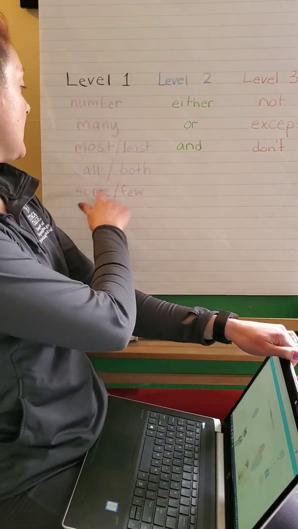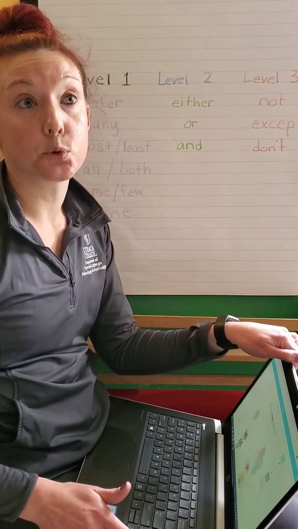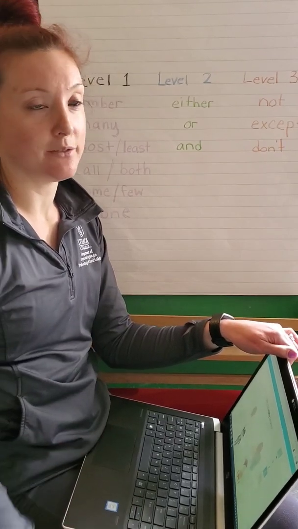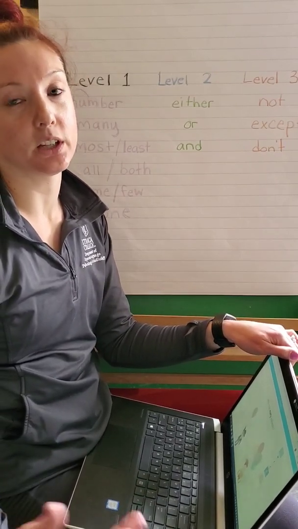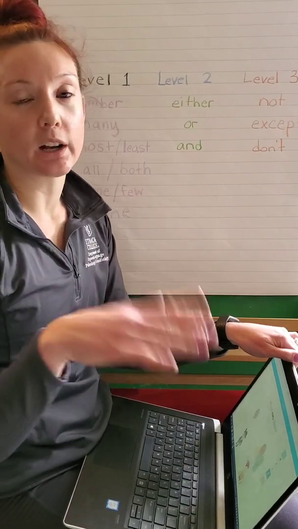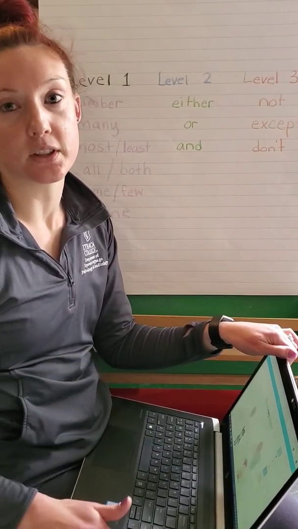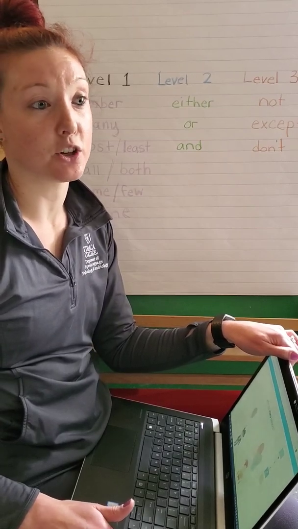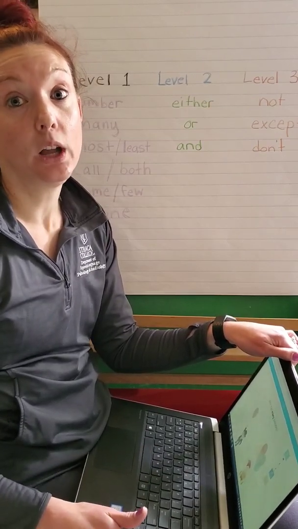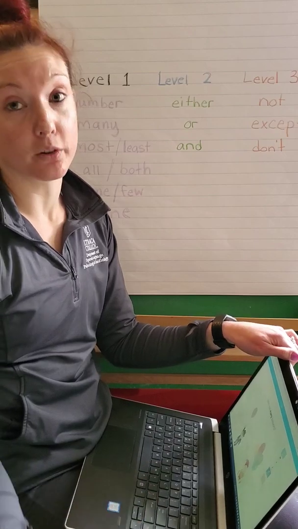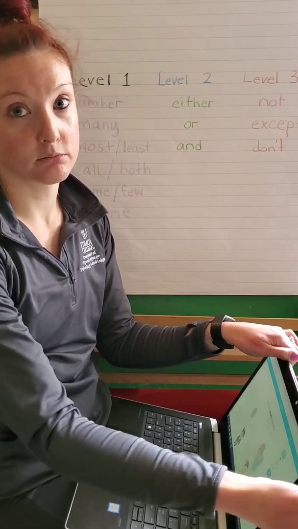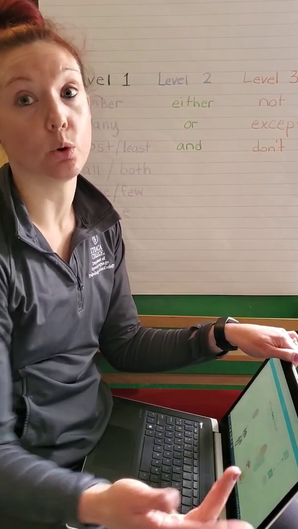You could use the terms some and few. So some, I believe it has to be 3 or 4 items, and a few would be 2. We're not going to get technical about it. You could, for my purposes, just use them interchangeably, and if there's maybe 5 items on the table and you ask for some or a few of them, they would just take a handful and leave 1 or 2 on the table.